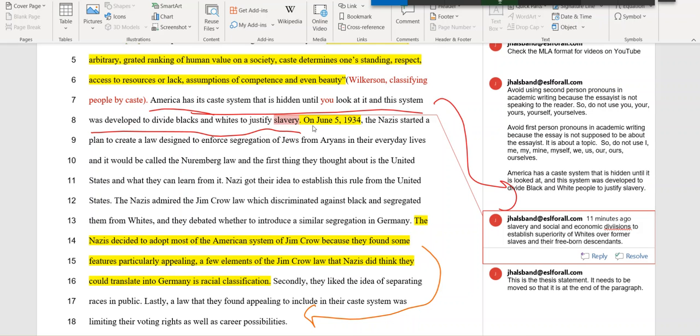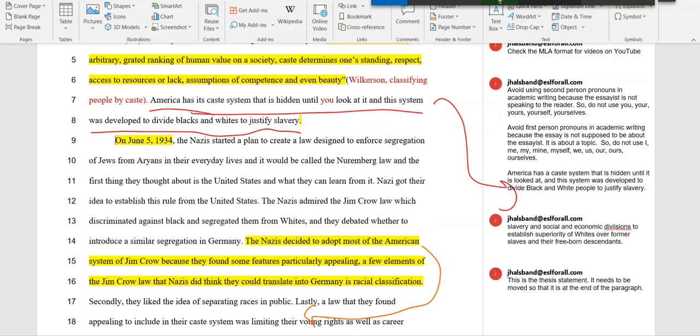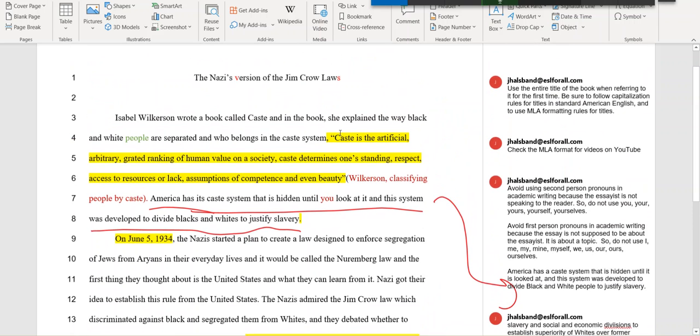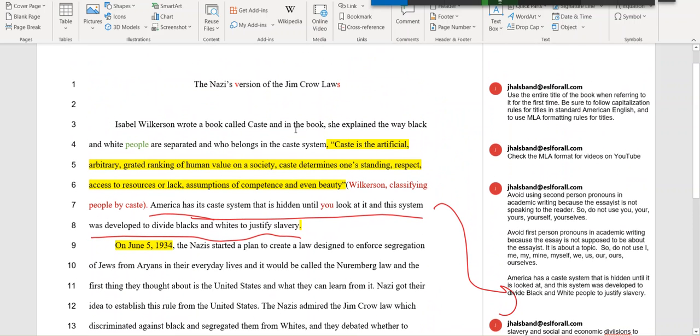I think that I'm also going to suggest, just because I've read this a few times, that at this point we make this a separate paragraph. Now, as I said in earlier recordings, the thesis statement does not always have to come at the beginning of the first paragraph, because sometimes the introduction is longer than one paragraph.